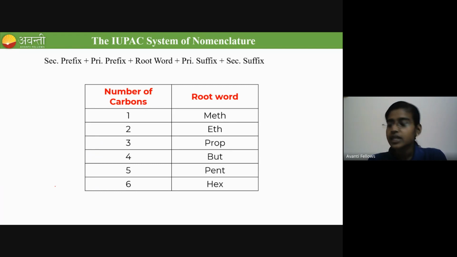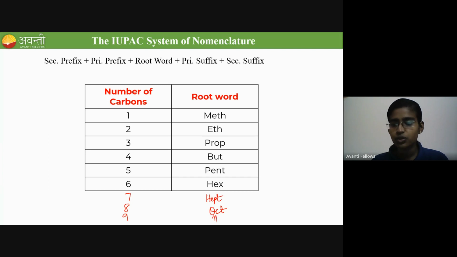Can anyone tell me the root word for 7 carbon system? What is the root word for 7 carbon system? Any idea? Very good. It is called as heptane. What about 8? Very good, students. For 8 carbon, it is octane. What about for 9 carbon?